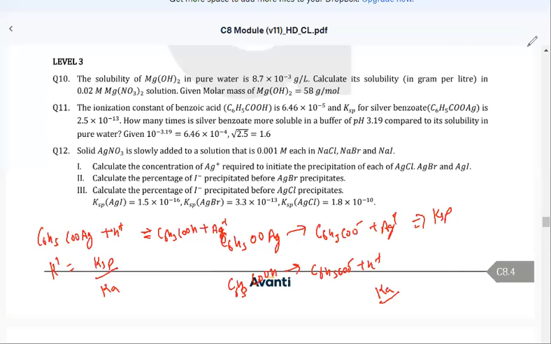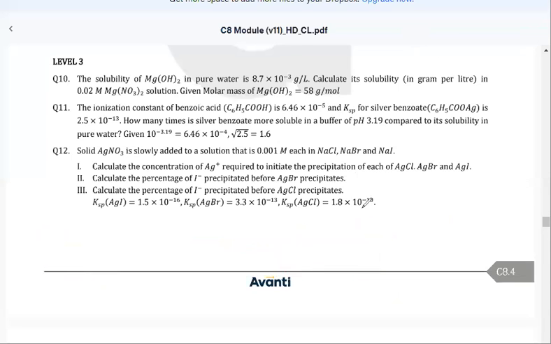This is the same as the one that we discussed in class. In that case, it was Ksp by K squared. Okay, so K dash is equal to Ksp by Ka, which is equal to the concentration of Ag plus into the concentration of C6H5COOH, divided by the concentration of C6H5COOAg.